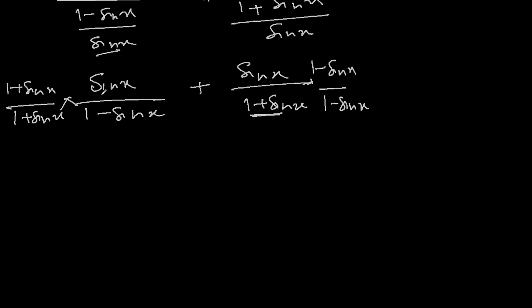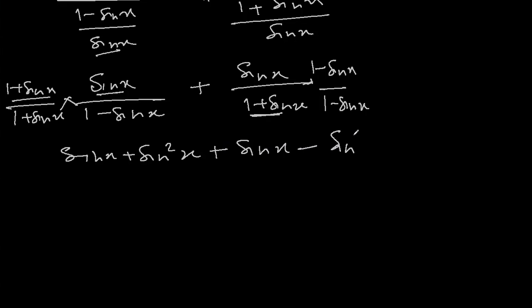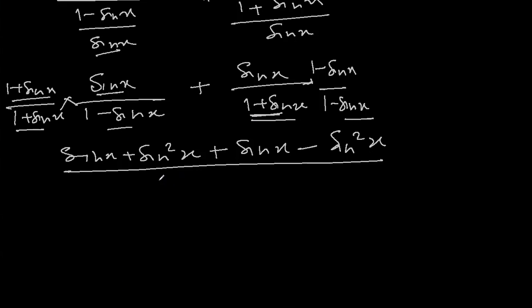So now we can multiply sin x with 1 plus sin x. We get sin x plus sin square x plus sin x minus sin square x over, since these have the same denominator, we can write them once, which is 1 plus sin x multiplied by 1 minus sin x.